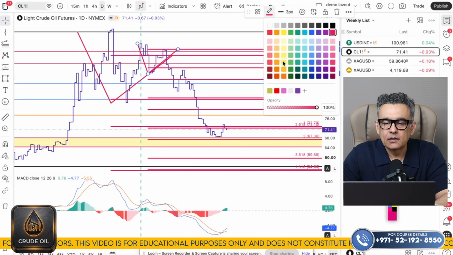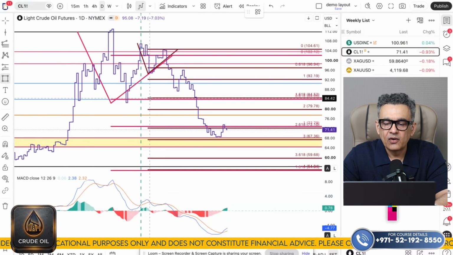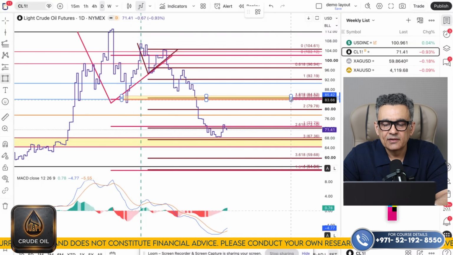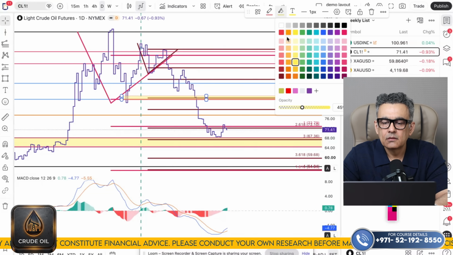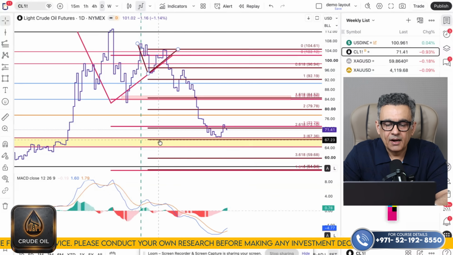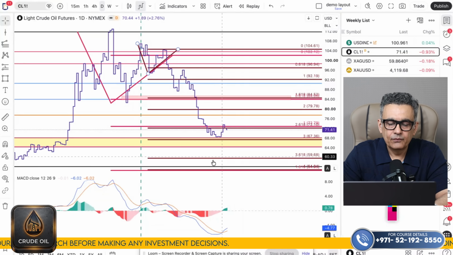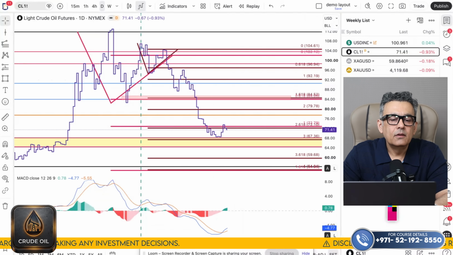Let's change the color. We can see here a magnet zone is formed around 84 to 84.5. So this is the ultimate target. I'll highlight it in red. Right now it bounced from 67.36, a minor magnet support area here.